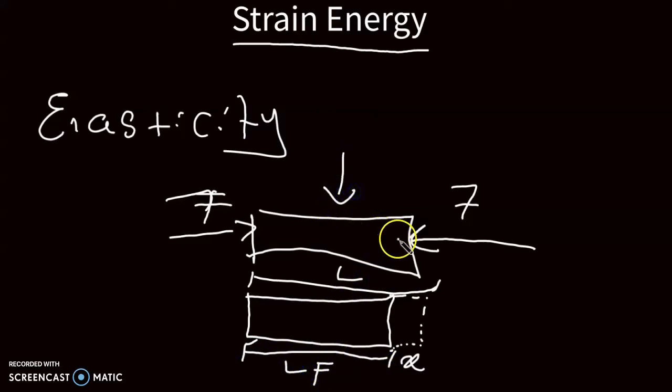This material, we assume that it's elastic and we are still within its elastic limit. The force is now removed. The strain energy that developed inside this object as the force was being applied will now push the object back to its original shape. And that is what we'll be dealing with, which is the strain energy.